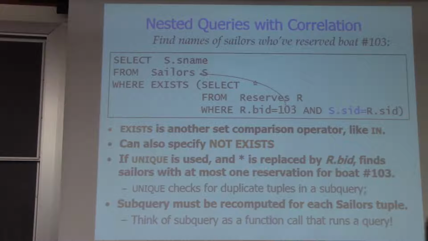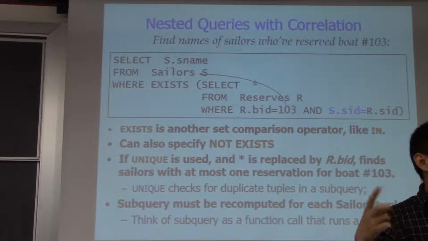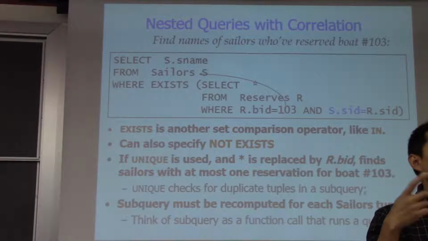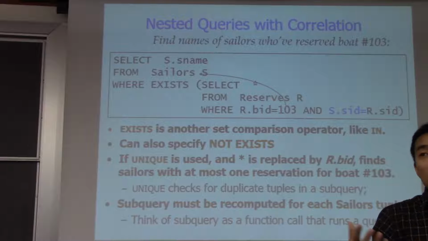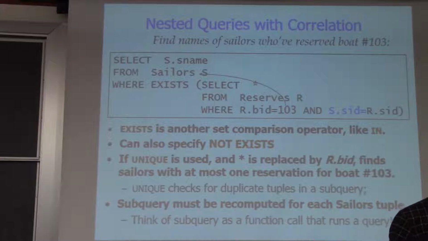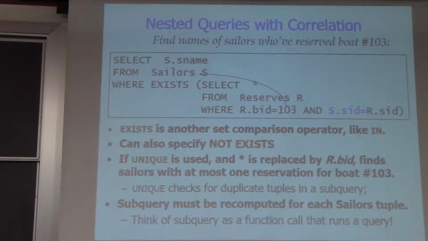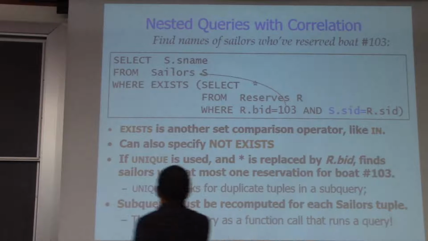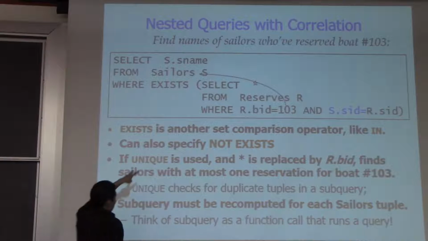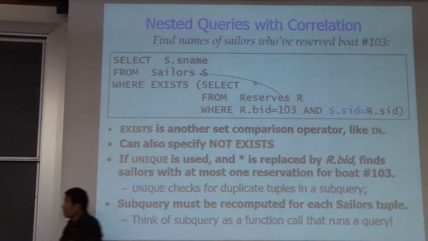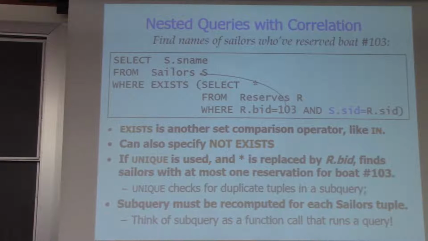All you care about is whether this set is empty or not, whether you have made a reservation on 1 or 3. I don't really care how many reservations you have made. That's why EXISTS followed by a set works. This syntax in this particular context will give you what you want. You can also specify NOT EXISTS, which is simply the other side of this.